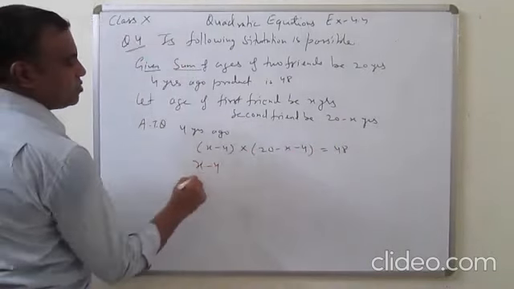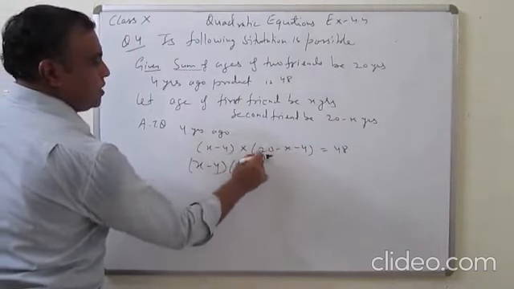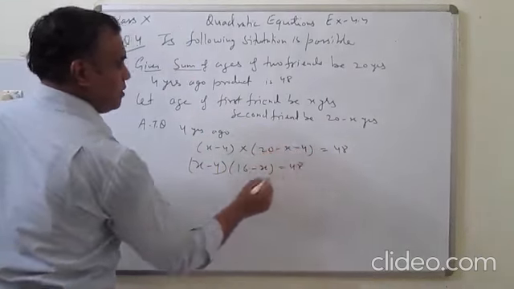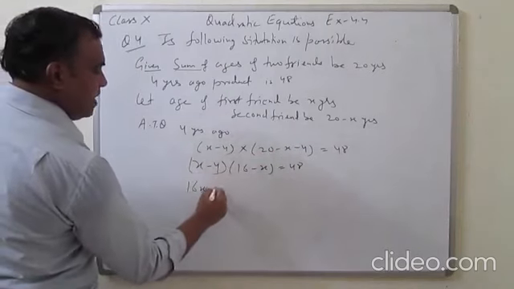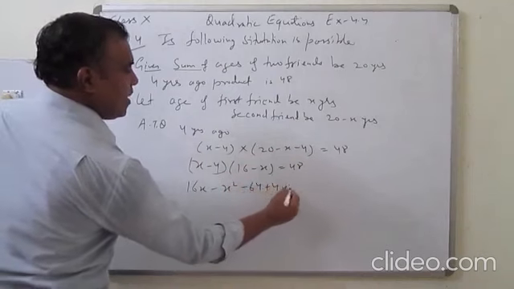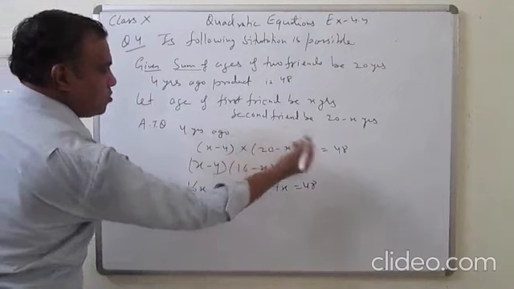Now (x minus 4)(16 minus x) is equal to 48. Now multiply it: 16x minus x square minus 64 plus 4x is equal to 48. Transpose all to one side.